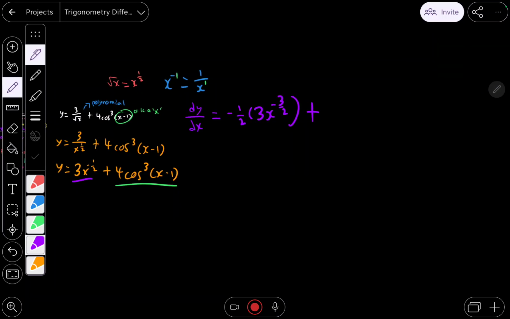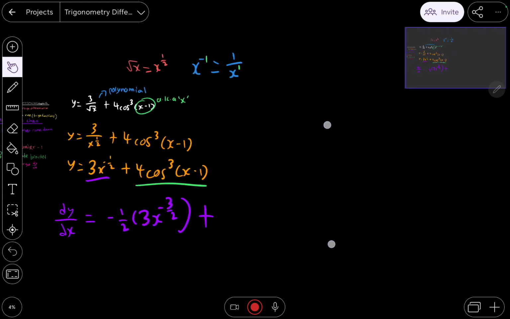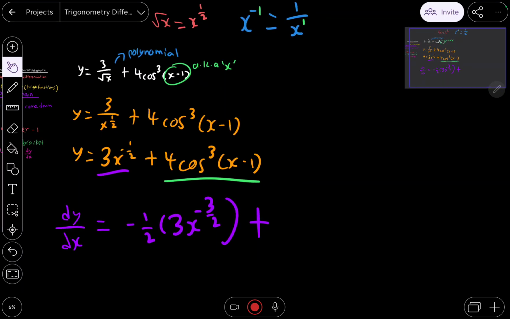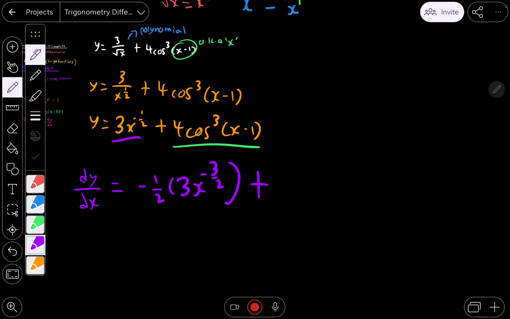And then, actually, should I bring this step down? Right, okay. So plus what? What do you add? You add your second term, which is a trigo differentiation. So this is basic, this is basic trigo to be exact.